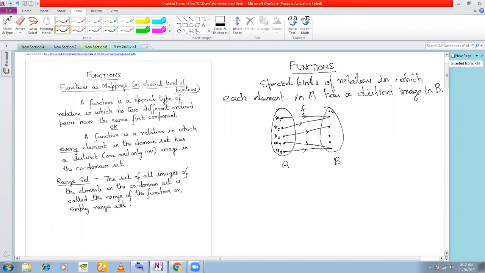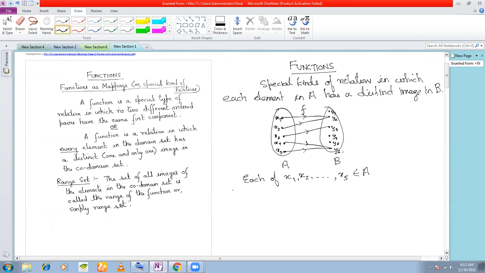And the elements of B are, let's say, Y1, Y2, Y3, Y4, Y5, Y6. So here, if you see, each of X1, X2, up till X5 belongs to A. Each of these are elements of A.